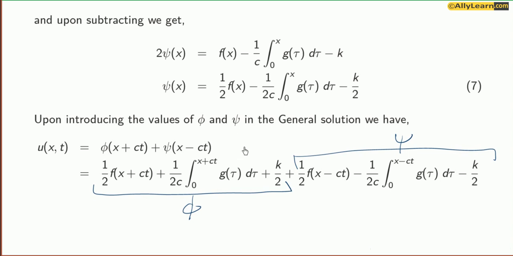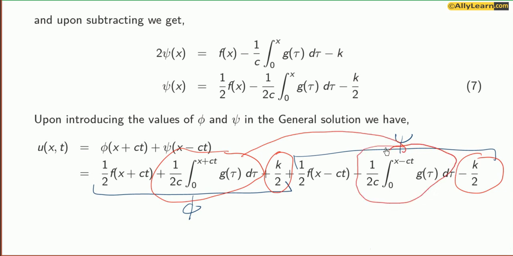Now friends, very simple steps of cancellation and clubbing of the terms are left for this case. So here we will be cancelling this k by 2 with this minus k by 2. Next we will be clubbing this integral with this integral over here.